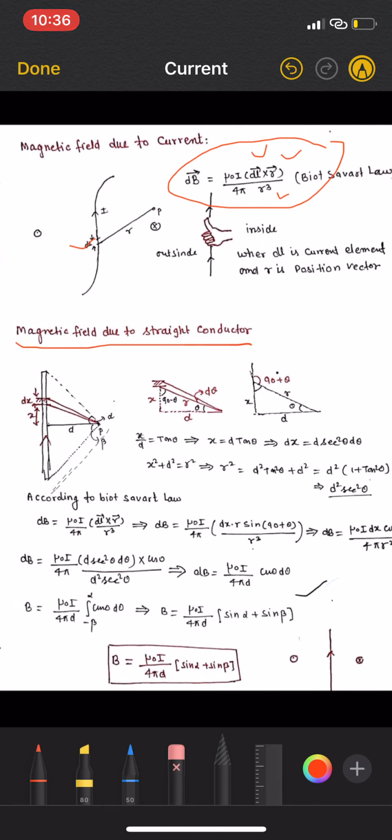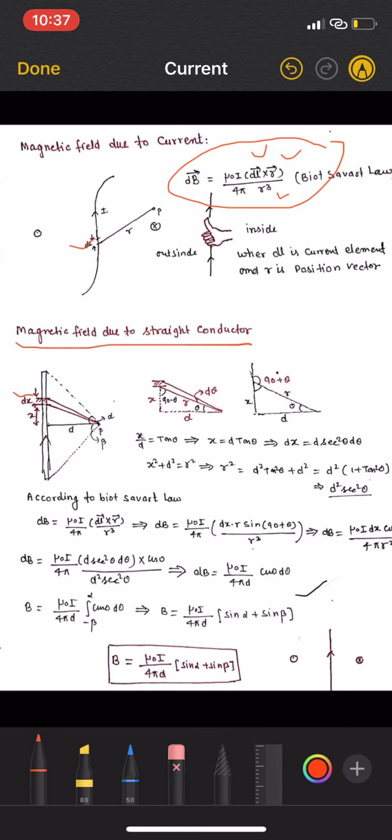I selected one small segment at distance x from here, and its length I am taking as dx.